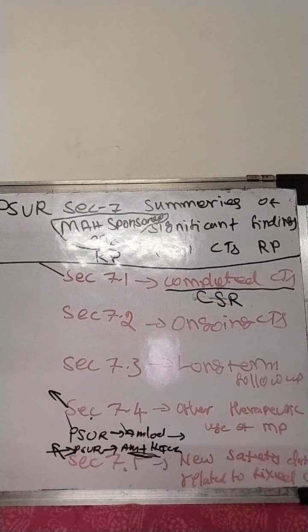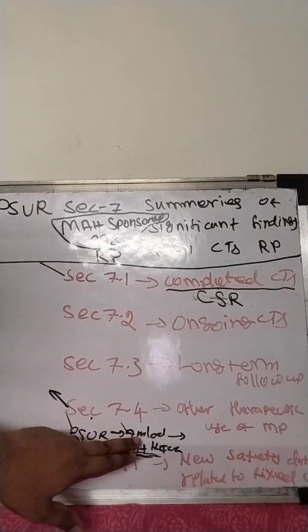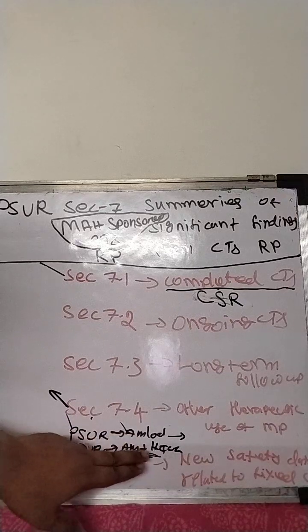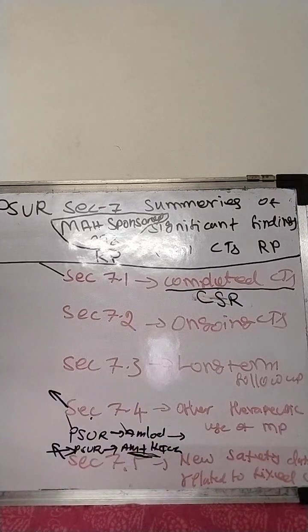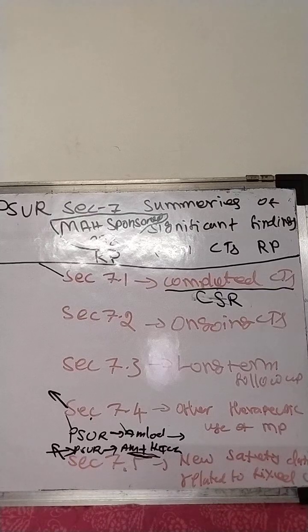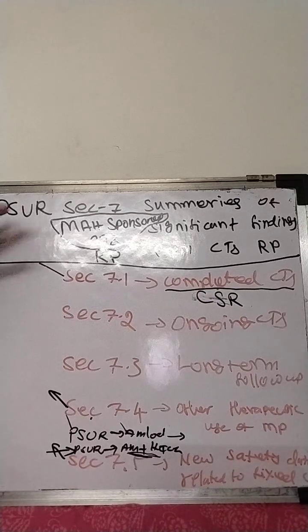If they are trying that, keep in mind that you are focusing on an important active ingredient, and there may be something parallel going on. If you have noted any new safety data, you can describe it. So that's how we can cover section 7 in a very light note.